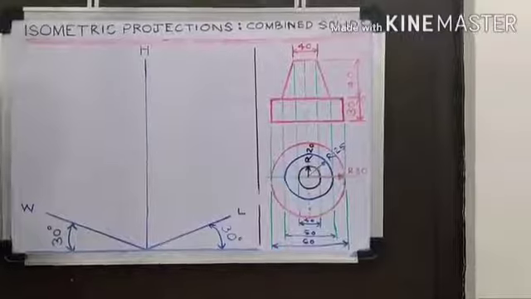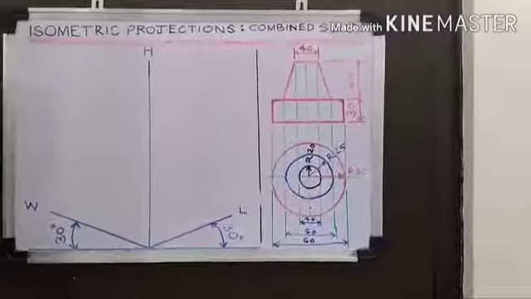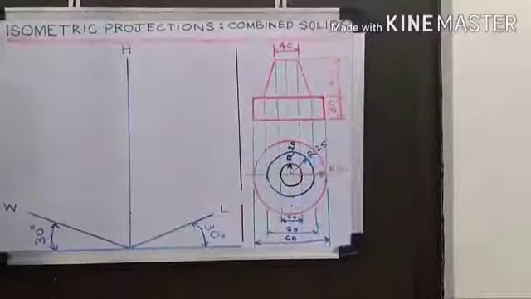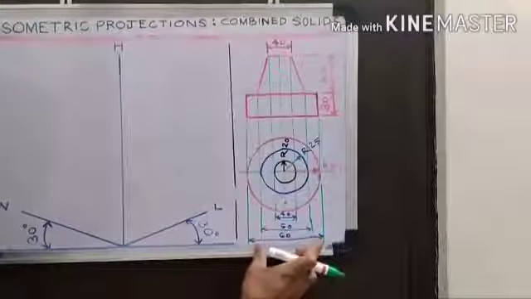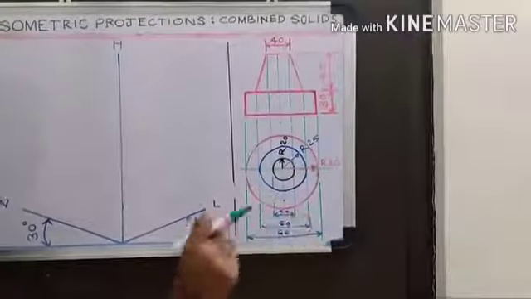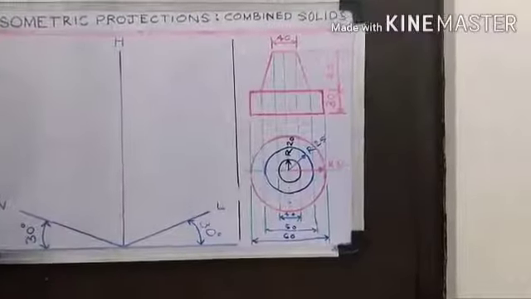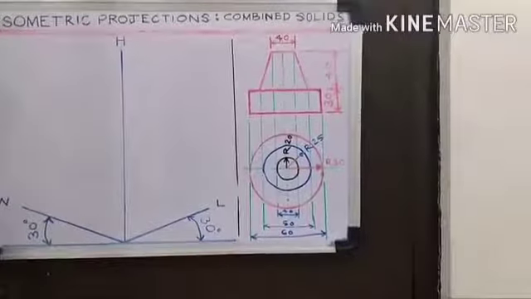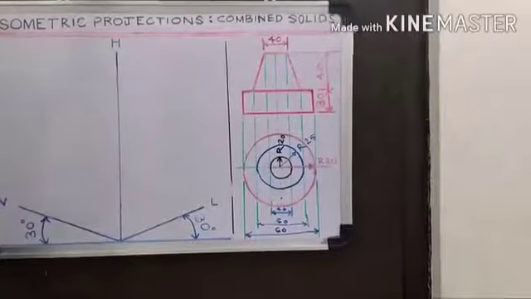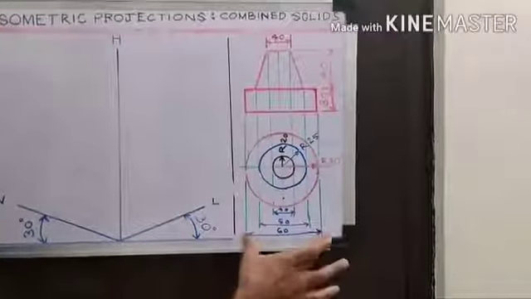Now first thing we want to draw is the cylindrical slab. What's the diameter? 60. Everything is going to be isometric projection. Therefore, you have to consider isometric scale length only. Isometric scale length projection of 60.